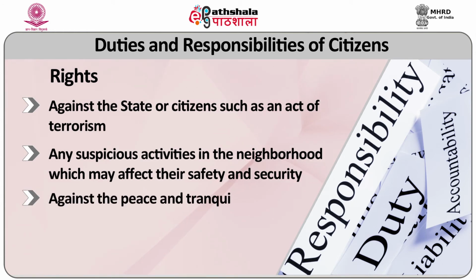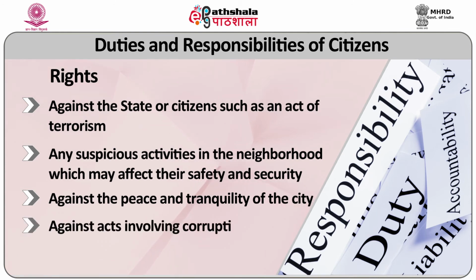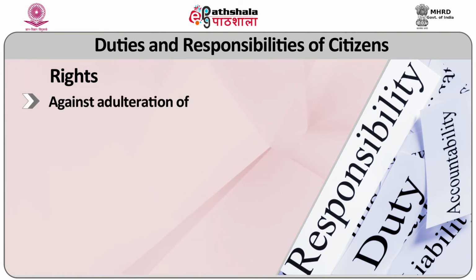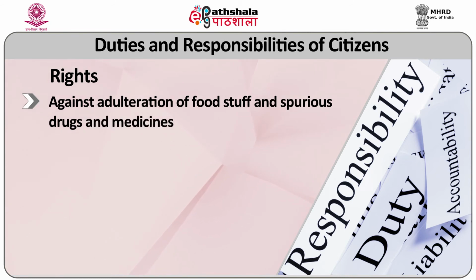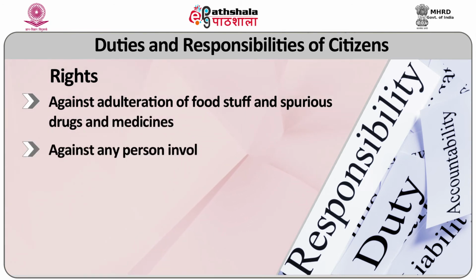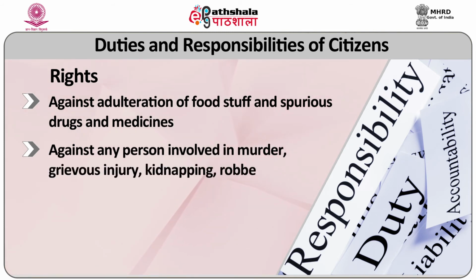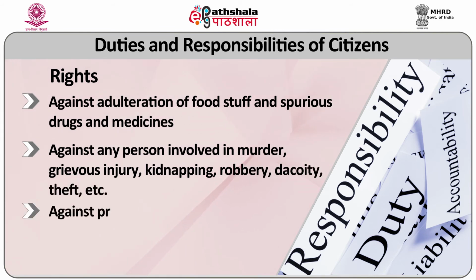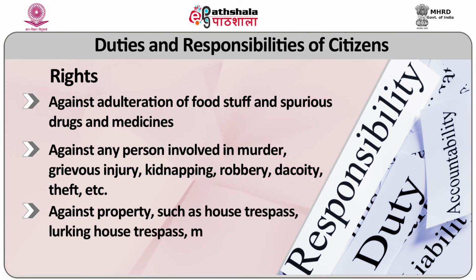Offences against the peace and tranquility of the city, offences involving corruption or illegal gratification, offences of adulteration of foodstuff, drugs and medicines, and offences by a person involved in murder, grievous injuries, kidnapping, robbery, dacoity, theft, etc. must be reported.